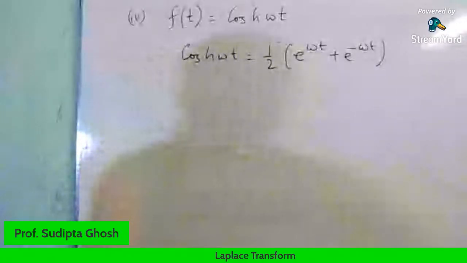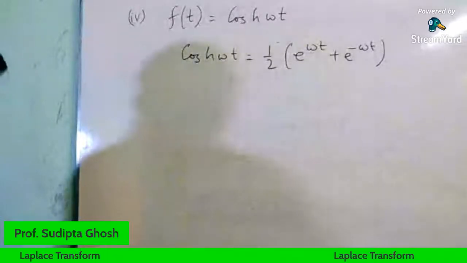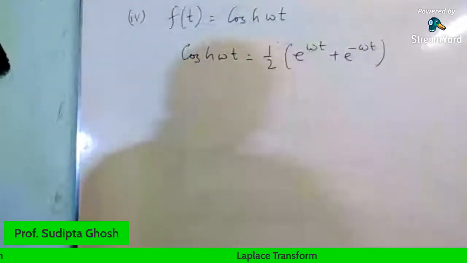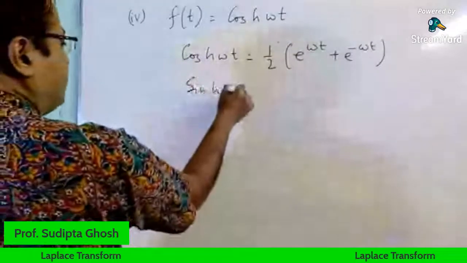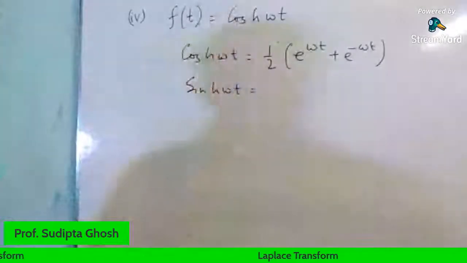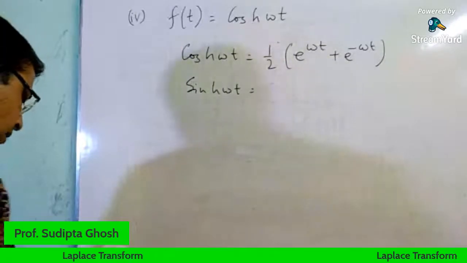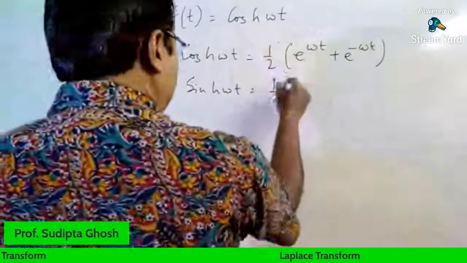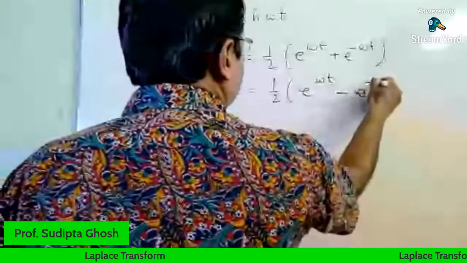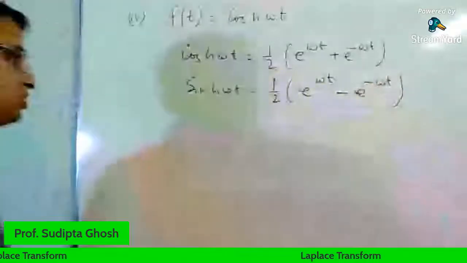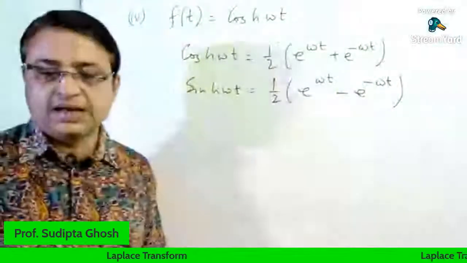The sine hyperbolic function, where f of t equals sine hyperbolic omega t, is expressed as half of e to the power omega t minus e to the power minus omega t. So these are the two functions, cos hyperbolic omega t and sine hyperbolic omega t.